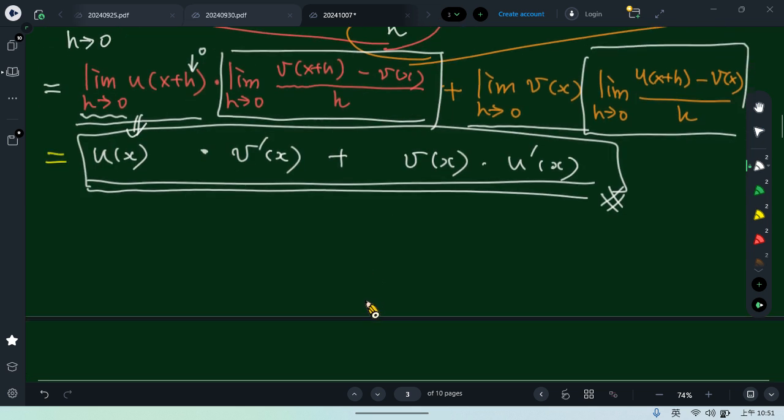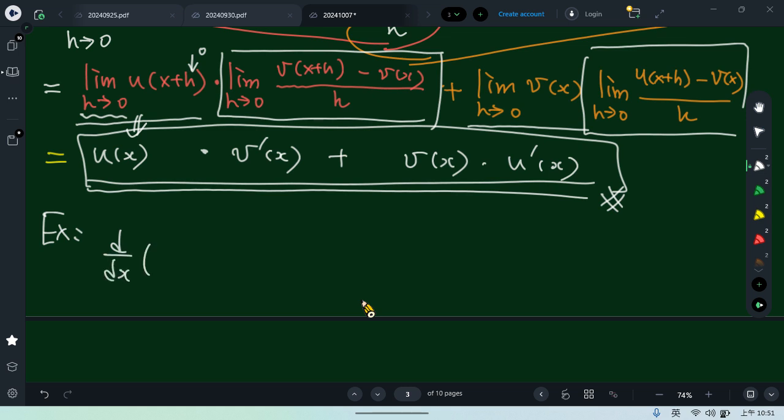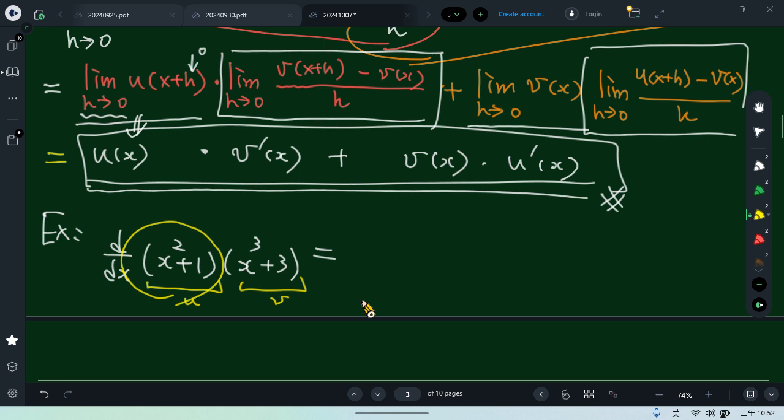Okay, I can give you some practice. If you want to differentiate x to the power 2 plus 1 times x to the power 3 plus 3, you can regard the first as u and the second as v. We differentiate the first term first, which will be 2x, and keep the second term.